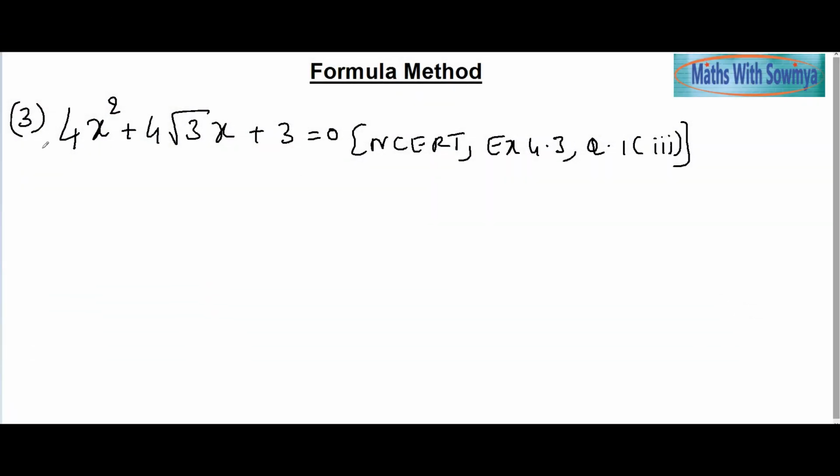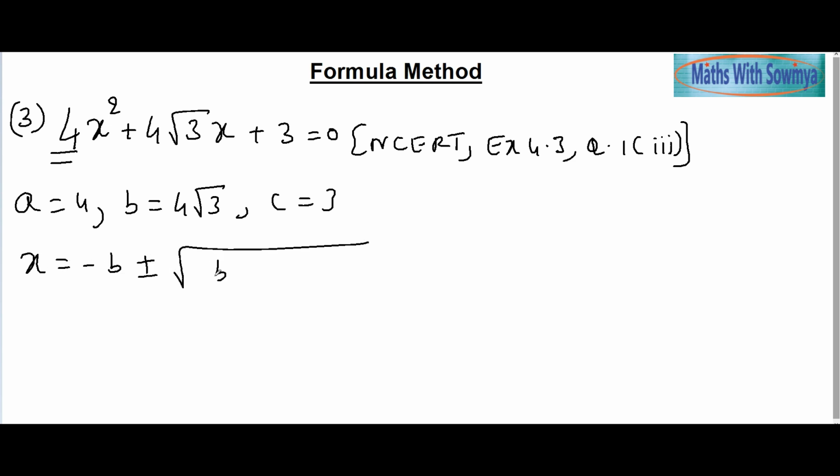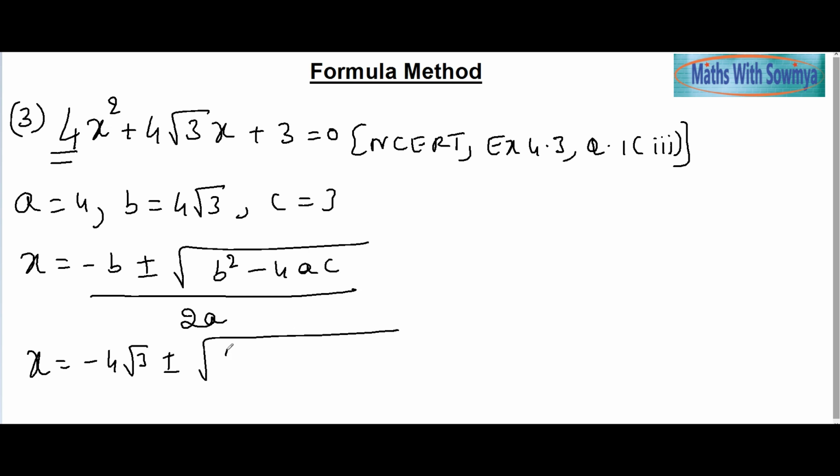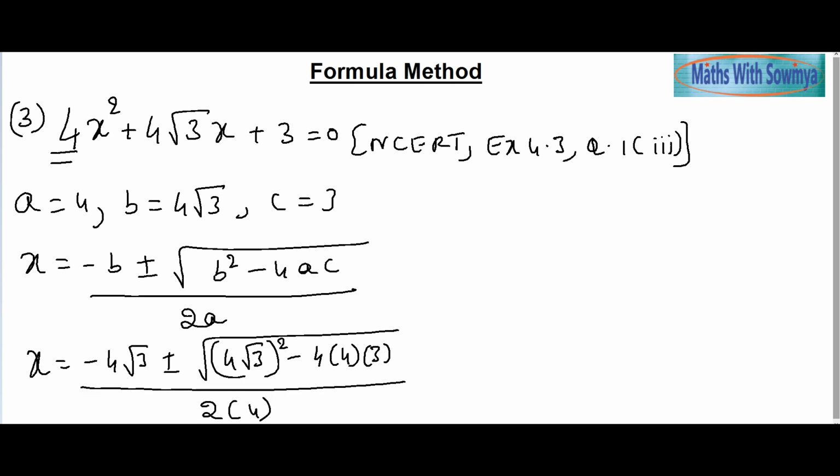In this question, using the formula method, here a is 4, b is 4 root 3, the coefficient of x, c is 3. Apply the formula minus b plus or minus root of b square minus 4ac, whole divided by 2a. x is minus 4 root 3, plus or minus root of 4 root 3 whole square minus 4 into a is 4, c is 3, divided by 2 into a.